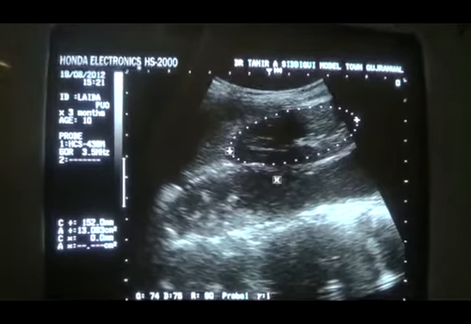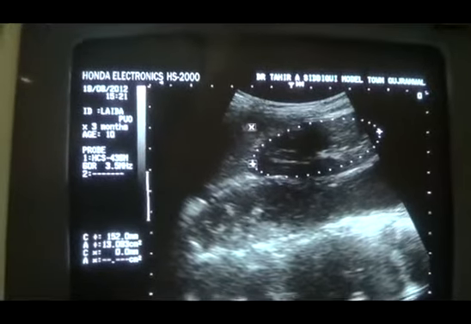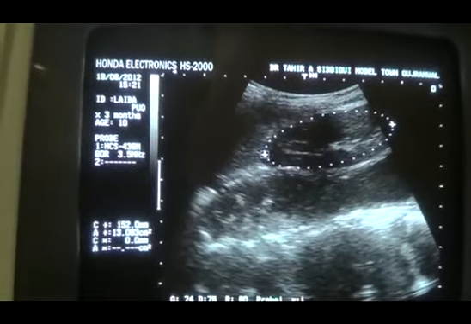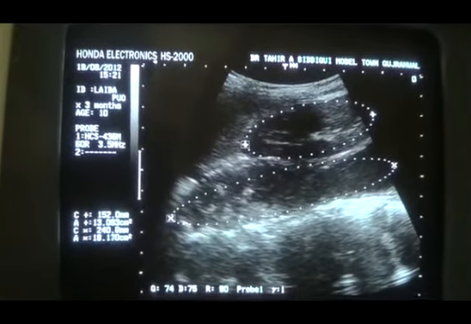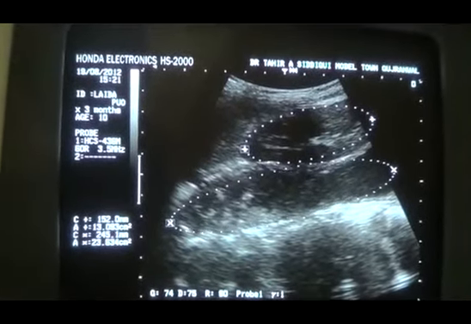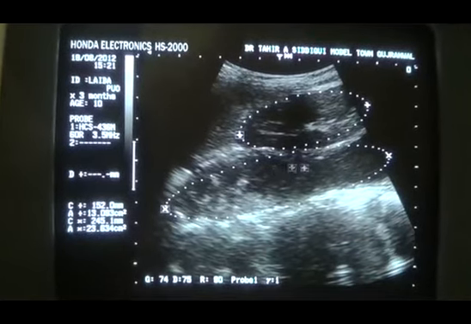This is the spleen. This is the splenic tissue. Now this tubular structure, this area, having echoes.